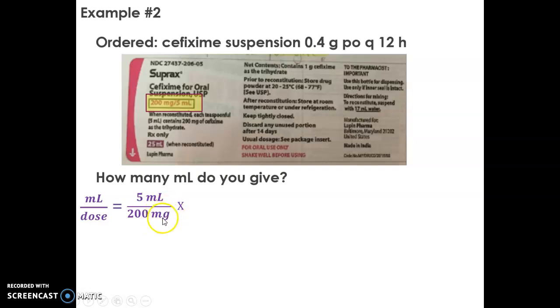Now that puts milligrams at the bottom, which means we need milligrams at the top of our next fraction. Our order is where we typically look for that, but the order is written in grams, and we need milligrams. So there's an indicator to you that we need a conversion factor. We've got to convert milligrams into grams, okay? Now again, we have milligrams at the bottom, so that means we need milligrams at the top.